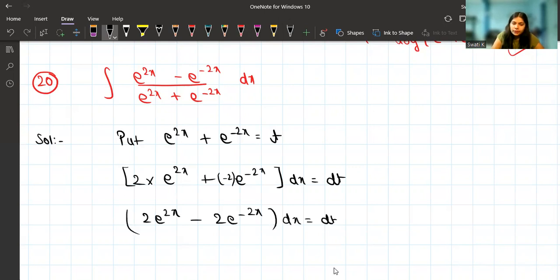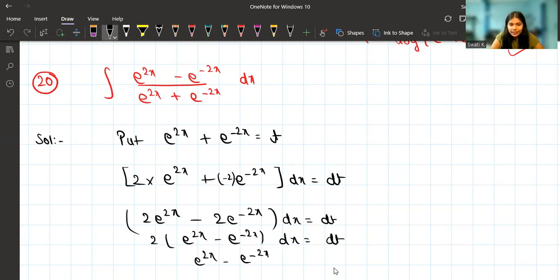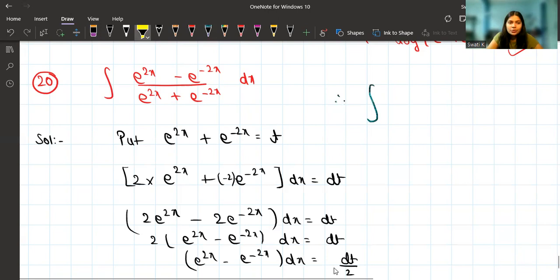Now from here, I can take 2 common. So I'm getting (e raised to 2x minus e raised to minus 2x) dx equals dt upon 2. So therefore, I can write down this integration question as integration, for this expression (e raised to 2x minus e raised to minus 2x) dx, we have dt upon 2.